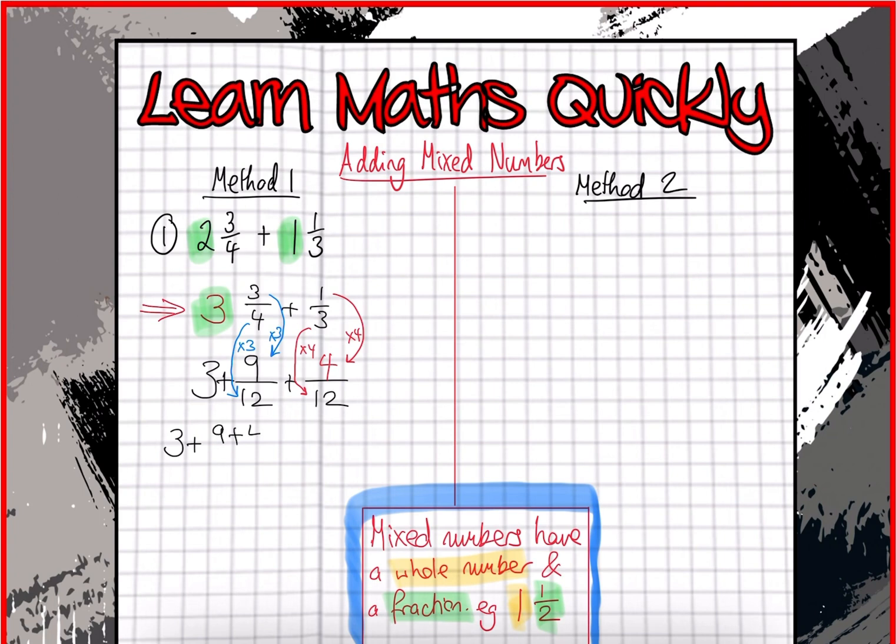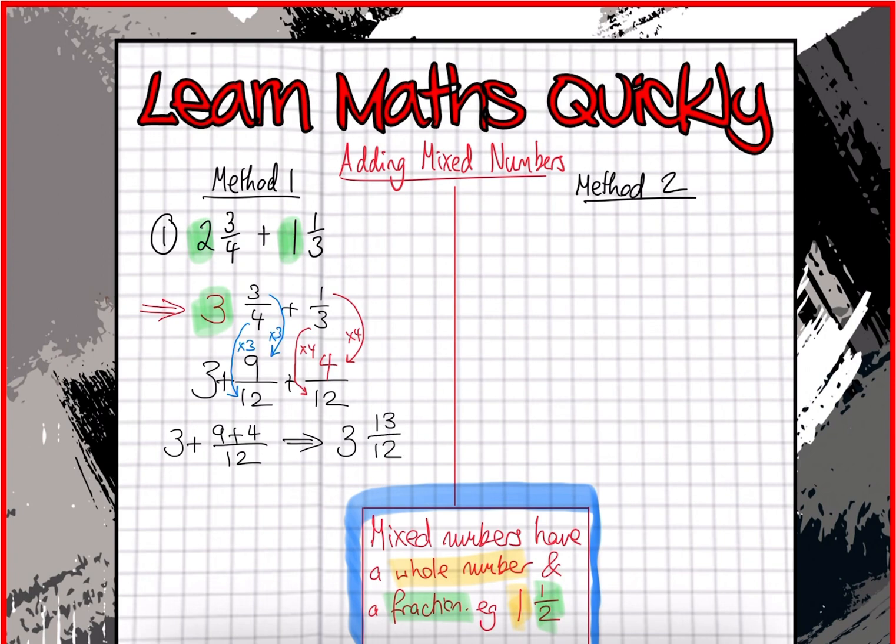And I'm actually going to write the 9 plus 4 on top of the fraction line and just leave the denominator as 12 underneath. That's because when adding fractions, once the denominator is the same, you just add your numerators. So that leaves us with 3 and 13/12.